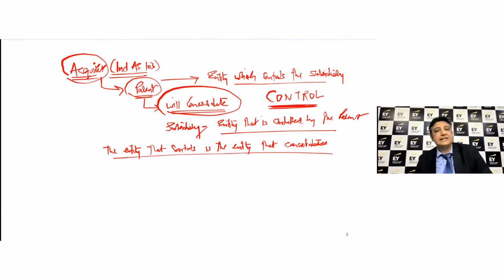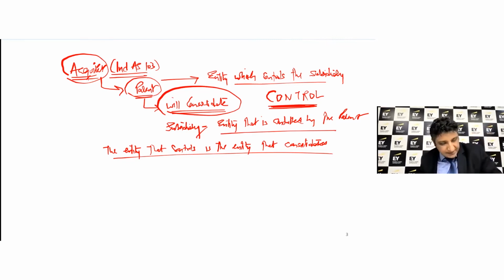The entity that controls the business of the other company is the parent company, and because it controls, by virtue of the control, it will consolidate the business of the other company. All right, that is how you start looking at this entire nexus coming in.